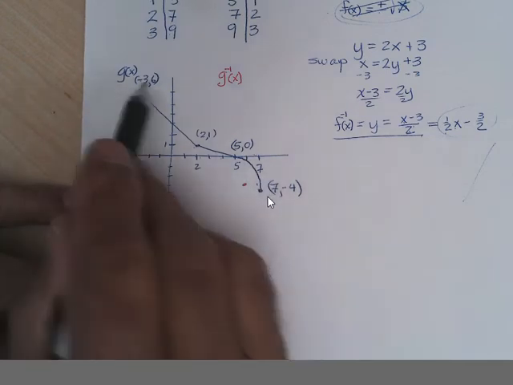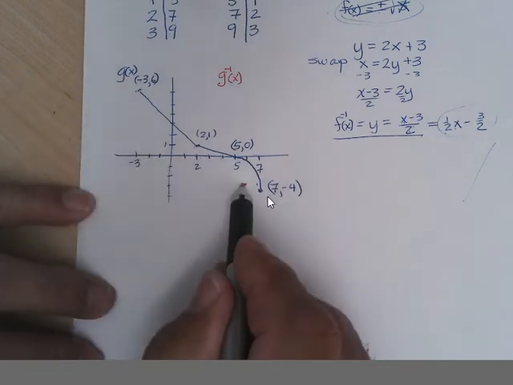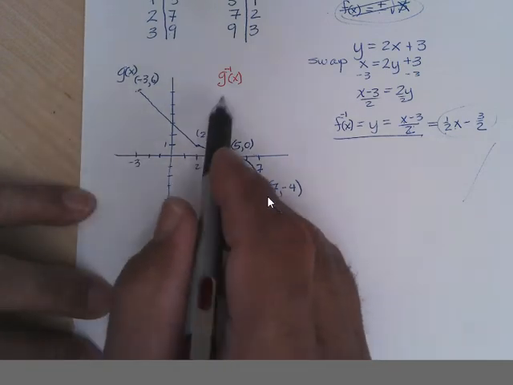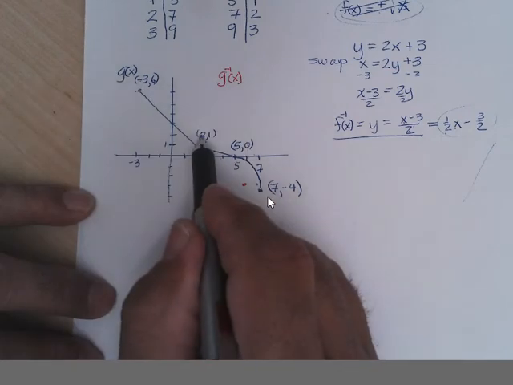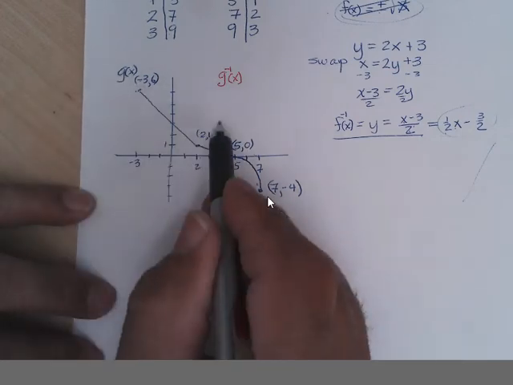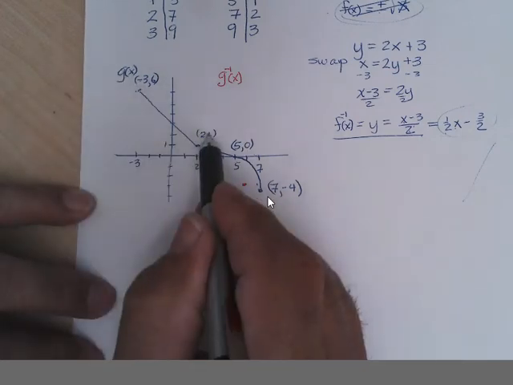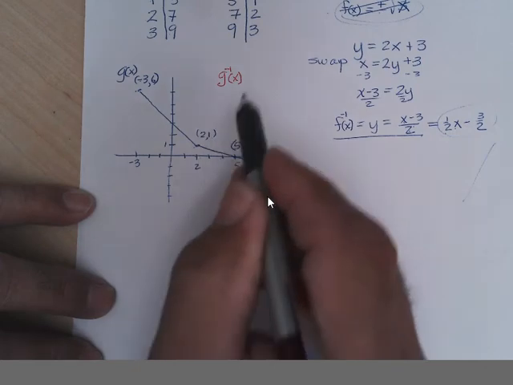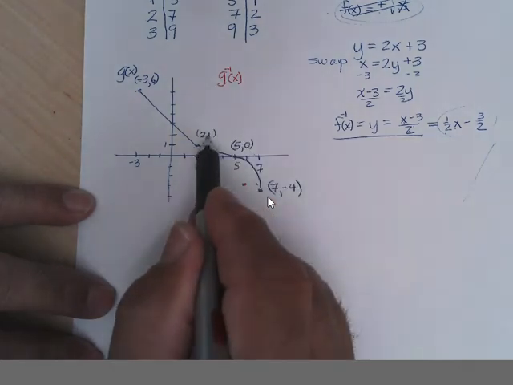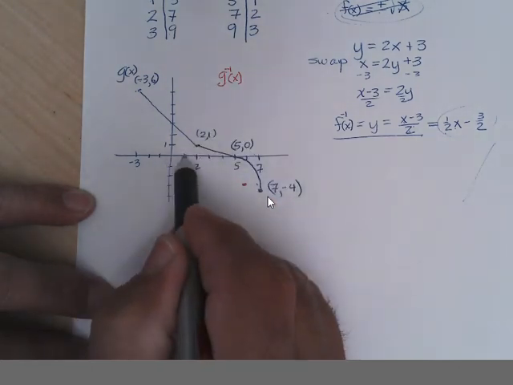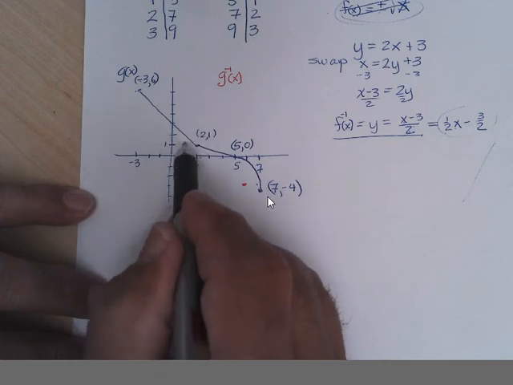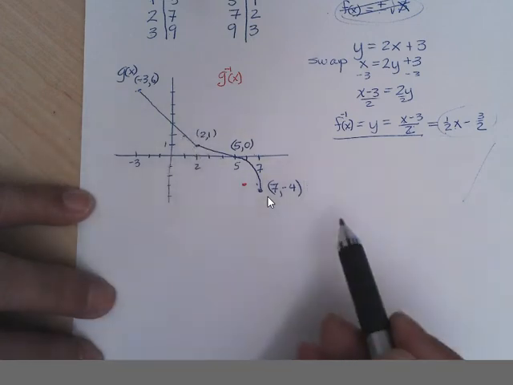So this point gets put there. And the point g takes a 2 as an input, gives an output of 1. So g inverse would take an input of 1 and turn it to a 2.